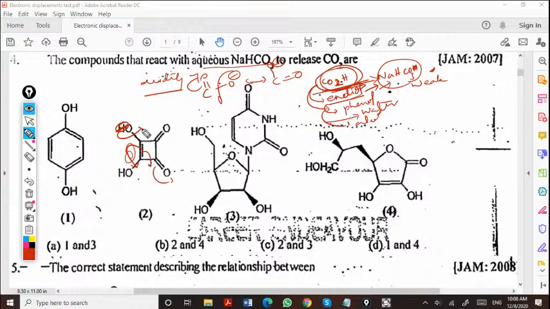This is a specific system which gives a particular equivalent conjugation. If I write the product's conjugated structure, this gets the negative and this gets the double bond, and the double bond is here. So exactly similar. This is again called equivalent conjugation or equivalent resonance, which is equally acidic as the carboxylic acid.